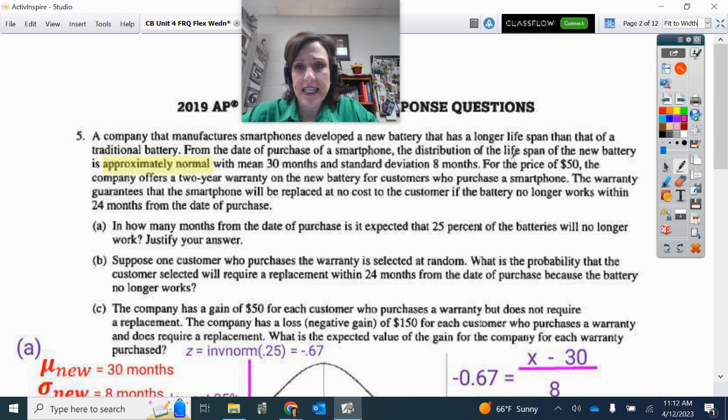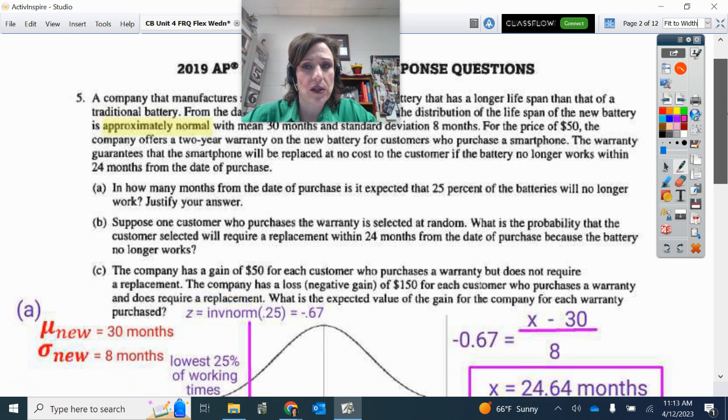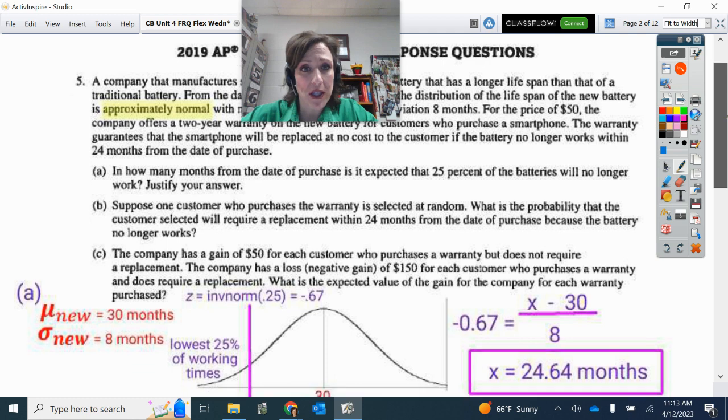Of course, then they say that the lifespan of the new battery has an average of 30 months with a standard deviation of 8 months. Then they go into this talk about the warranty, and we'll talk about that later. The warranty is they'll replace it if it works for 24 months or less.